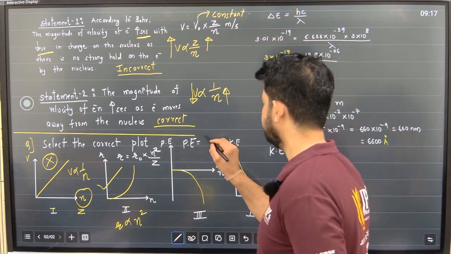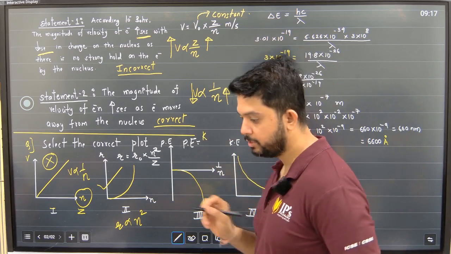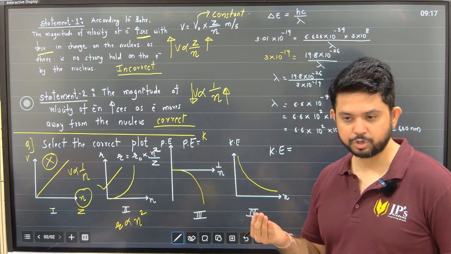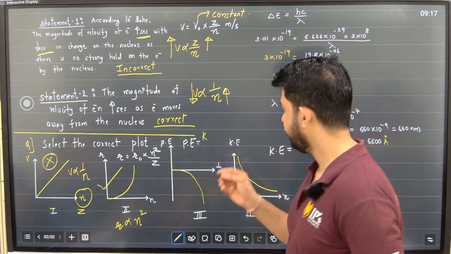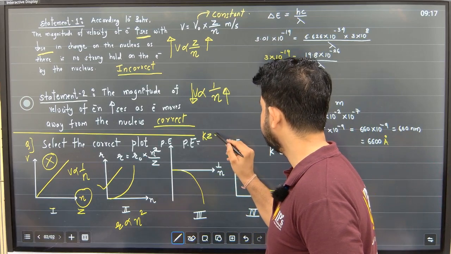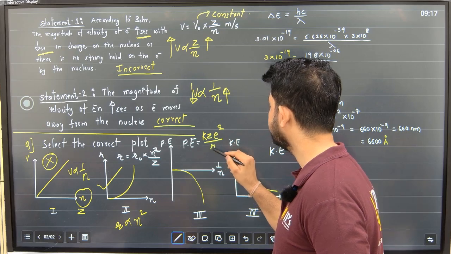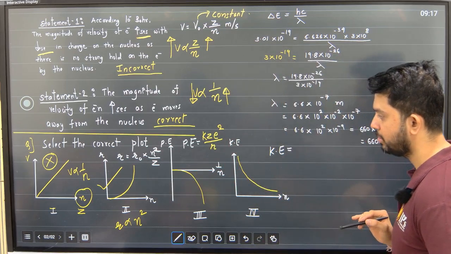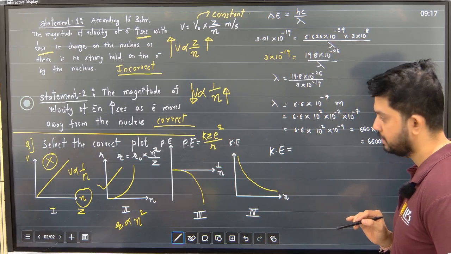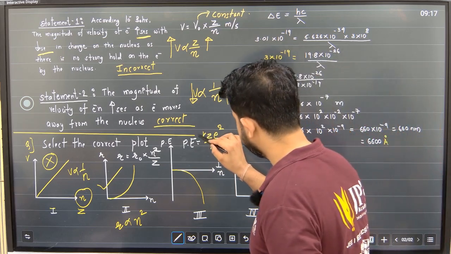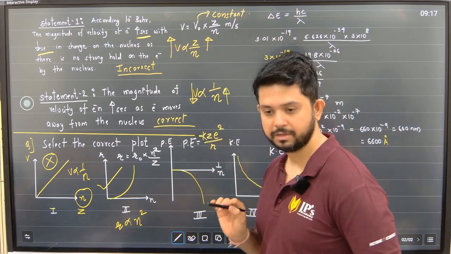K Q1 Q2 तो जनरल फॉर्मूला है पूरा. Q1 की जगह पे हमने सब्स्टिट्यूट किया था ZE, K ZE square upon r. Yes or no? Was it positive or negative? It was a negative here. With me?